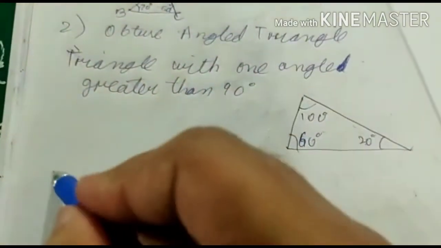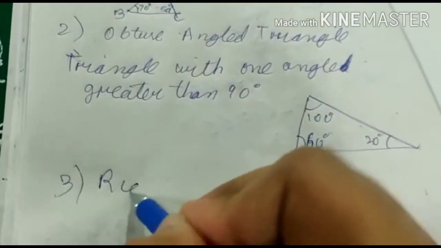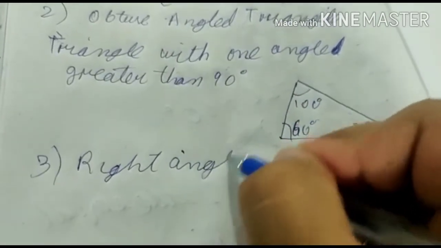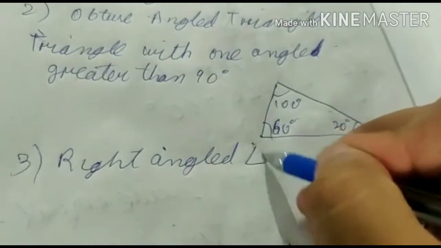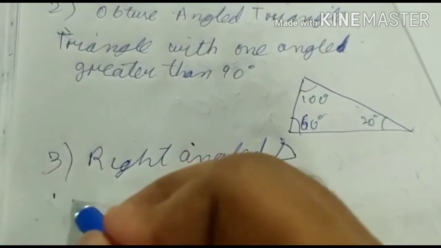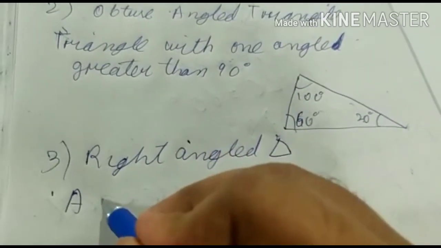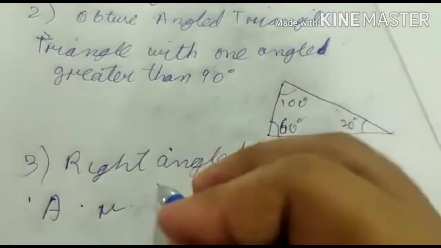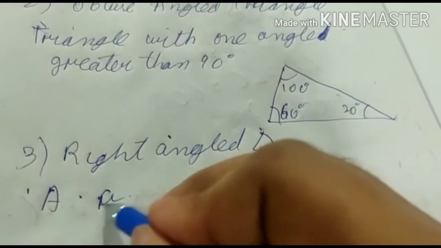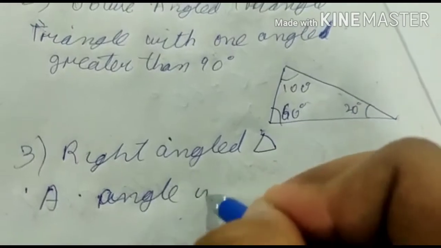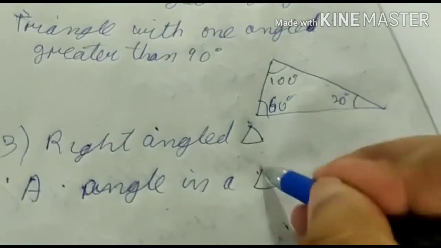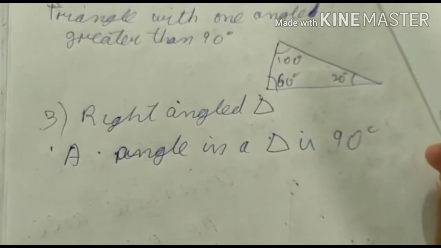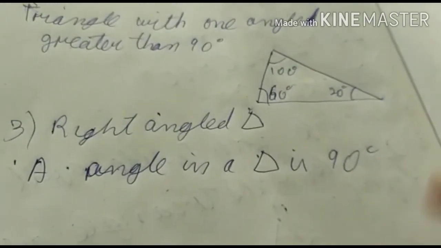Okay, our third triangle is the right angled triangle. This means a triangle in which one angle is 90 degrees. Only one angle is 90 degrees.